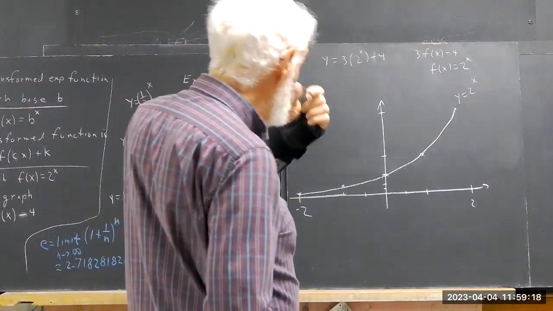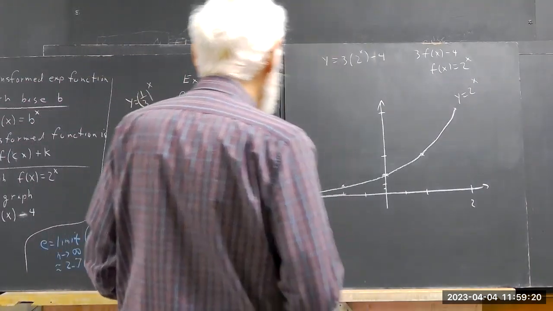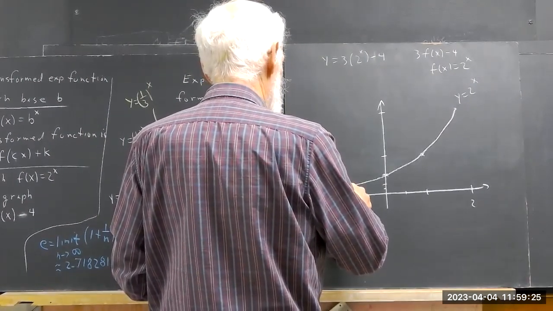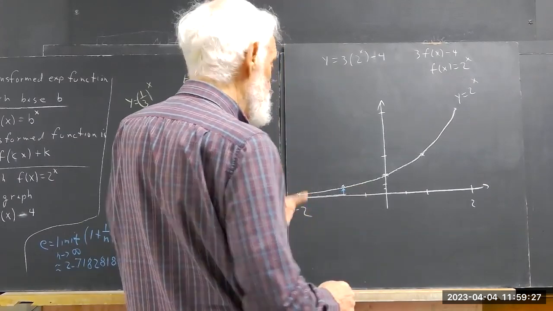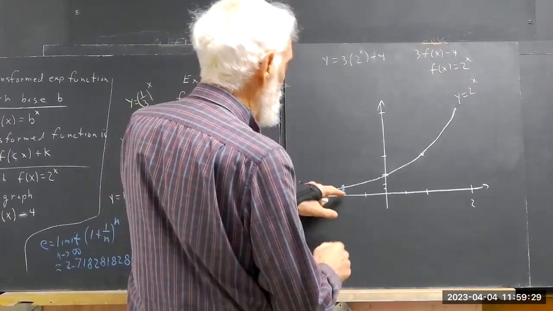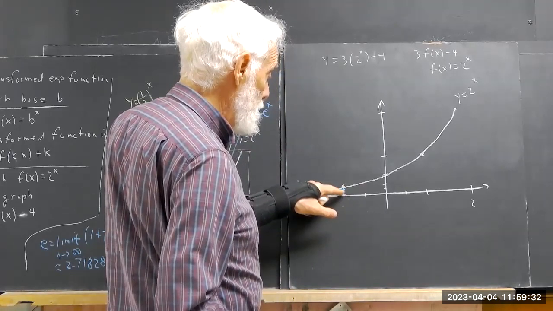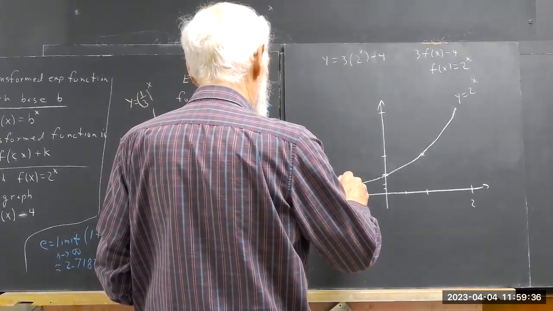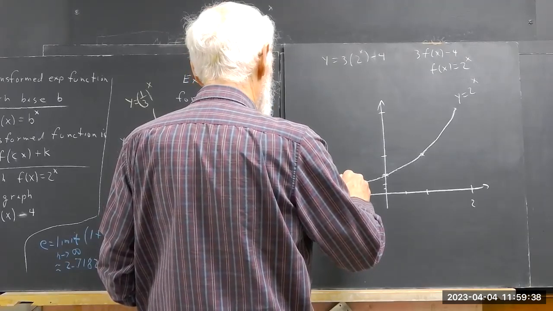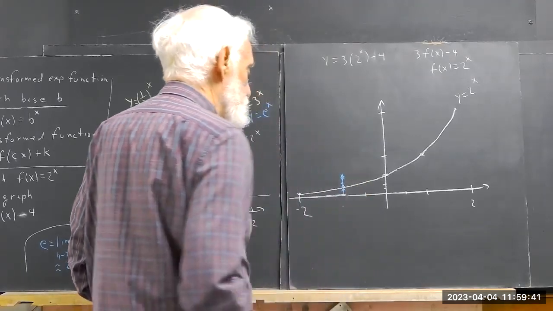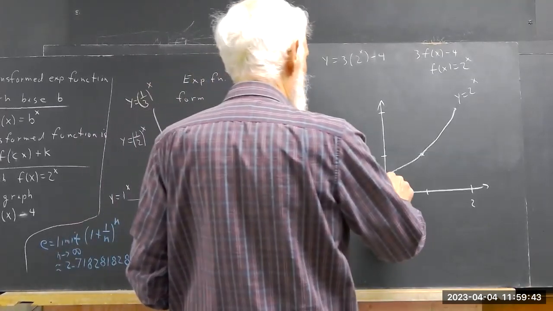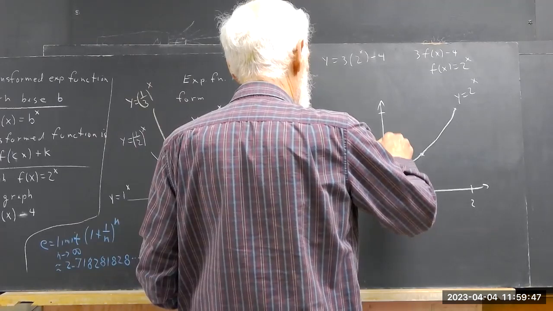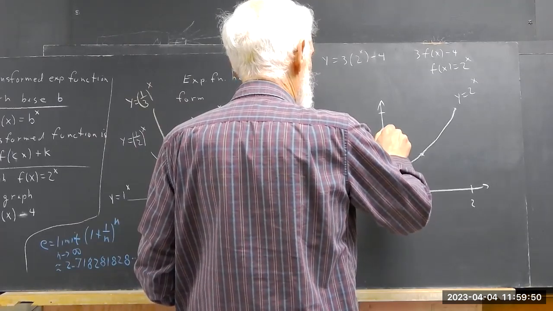Well, what happens is every y value becomes 3 times as great. The y values are represented by arrows from the x-axis up to the graph. So if we triple the y value at this point, we end up here. If we triple the y value here, we end up here.